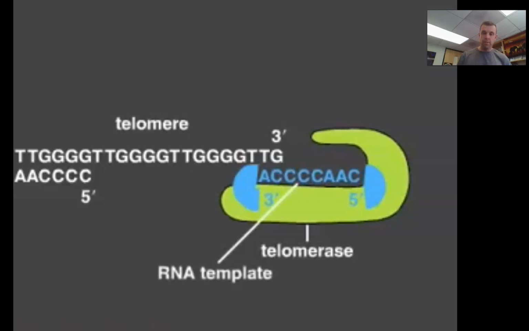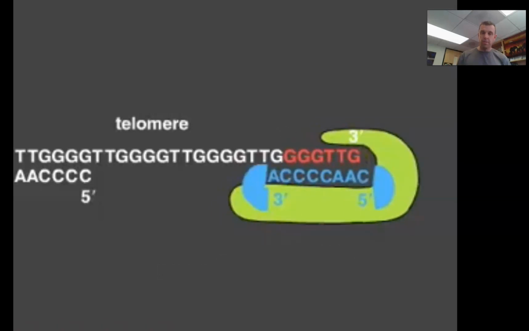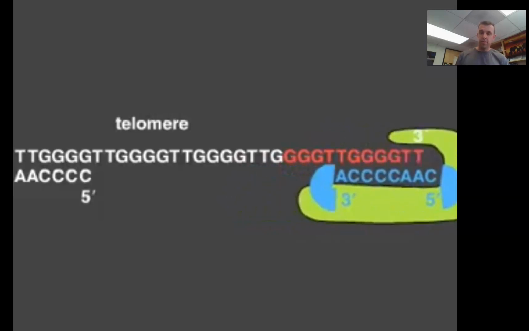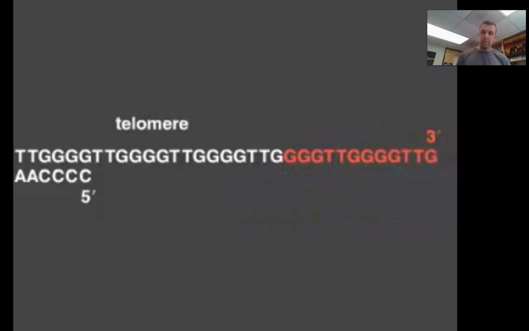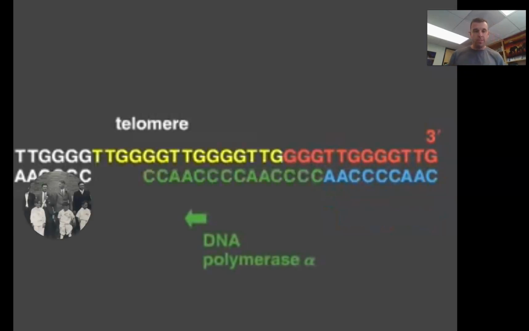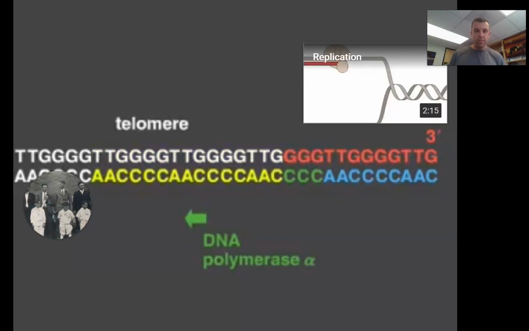Using an RNA template within the enzyme, telomerase elongates the parental strand in the 5' to 3' direction, and adds additional repeats as it moves down the parental strand. The lagging strand is then completed by DNA polymerase alpha, which carries a DNA primase as one of its subunits. In this way, the original information at the ends of linear chromosomes is completely copied in the new DNA.